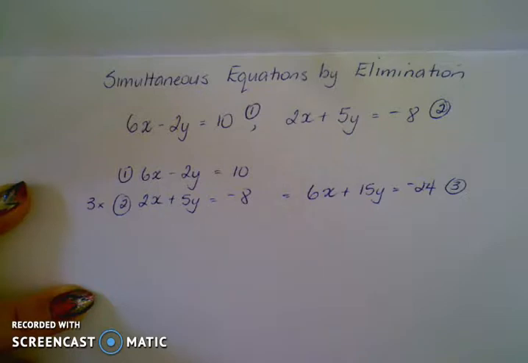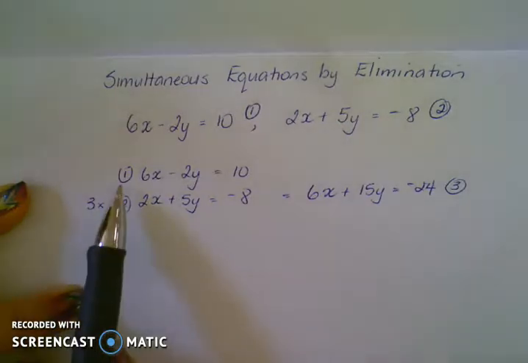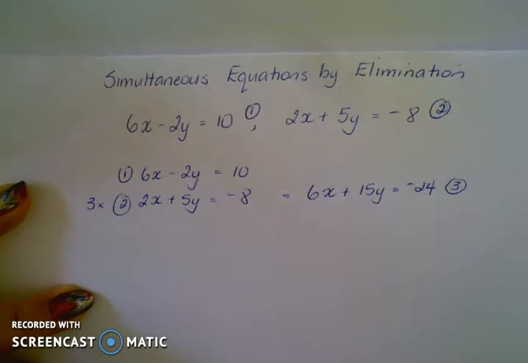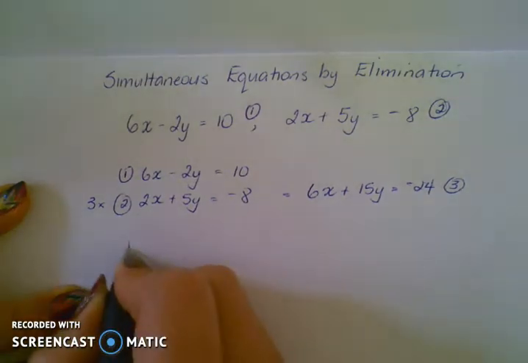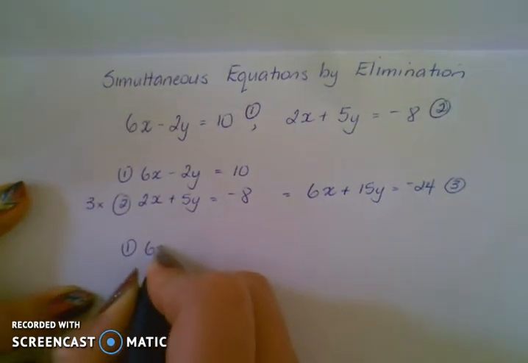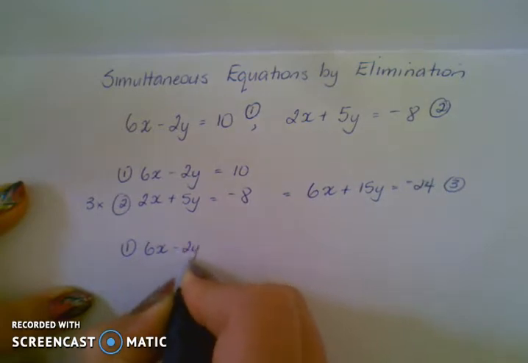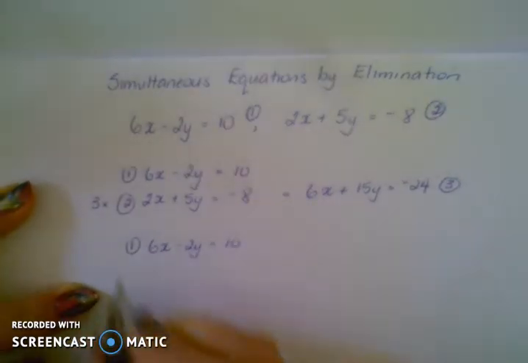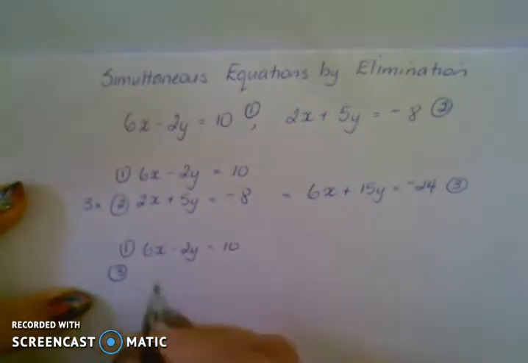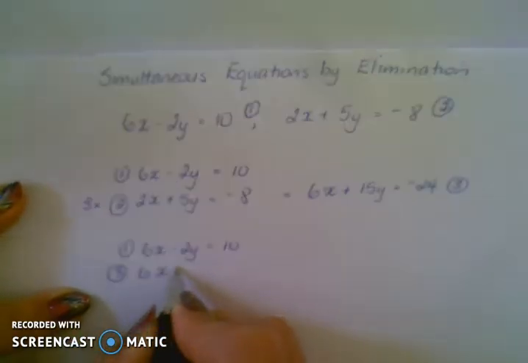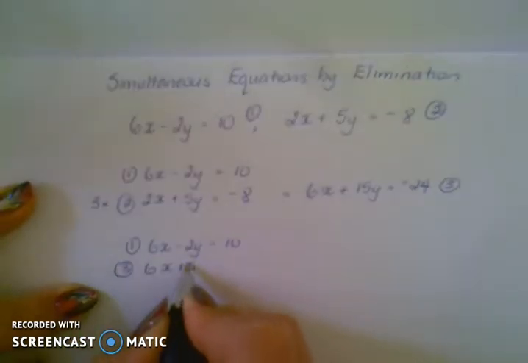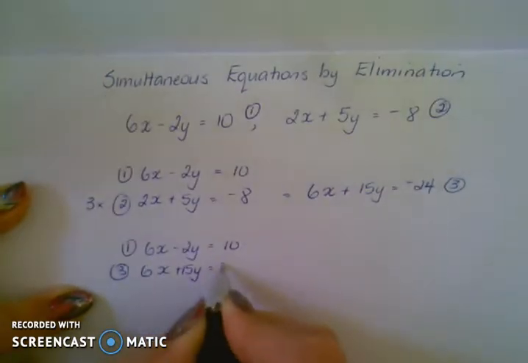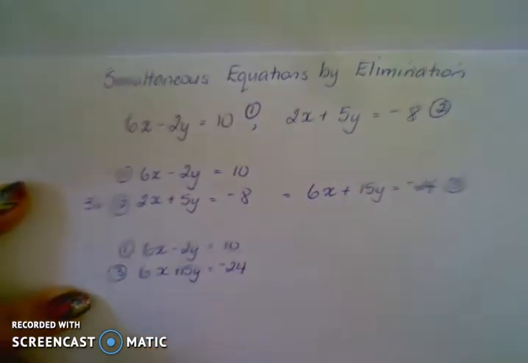So now we're going to use equation 1 and equation 3 to solve our problem. Equation 1 is 6x minus 2y is equal to 10, and equation 3 is 6x plus 15y is equal to negative 24.